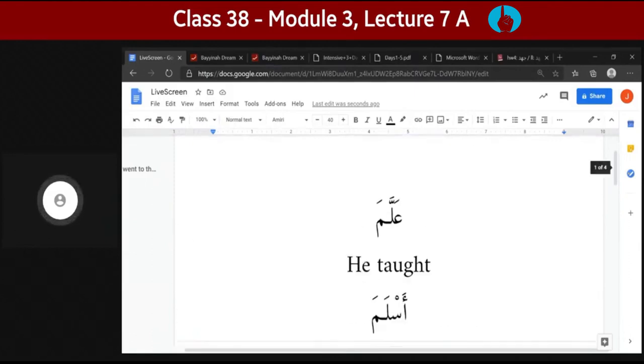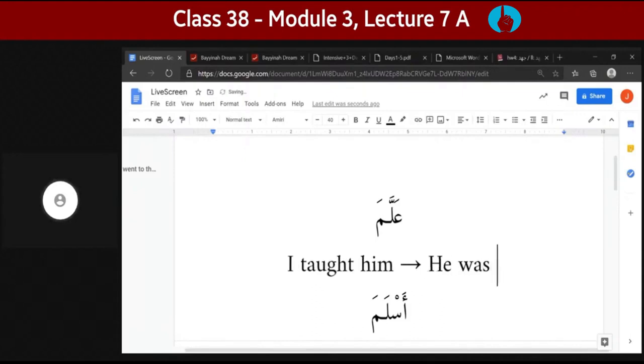But I can remove the doer in taught because taught can happen to someone or something else. I can take the doer away and I can replace it with whoever was receiving the action previously. So if originally the sentence is I taught him, I can take I away and make it he was taught.